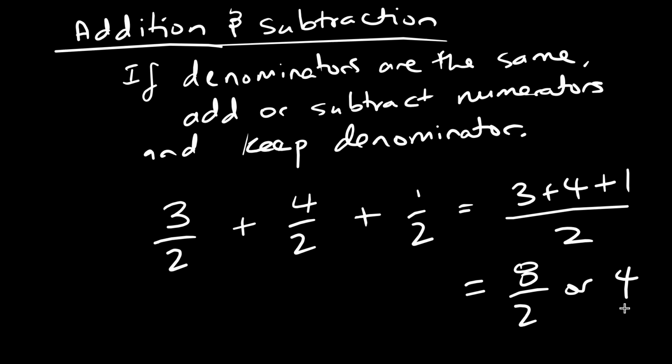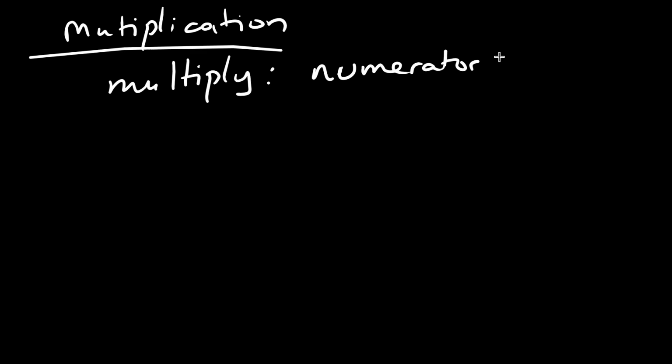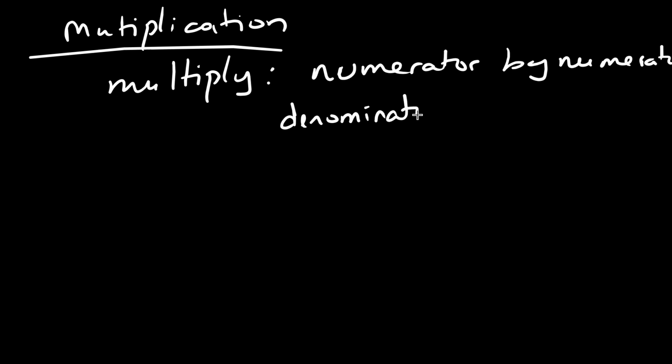Now, for the other two instances, for multiplication, multiply numerator by numerator and denominator by denominator.